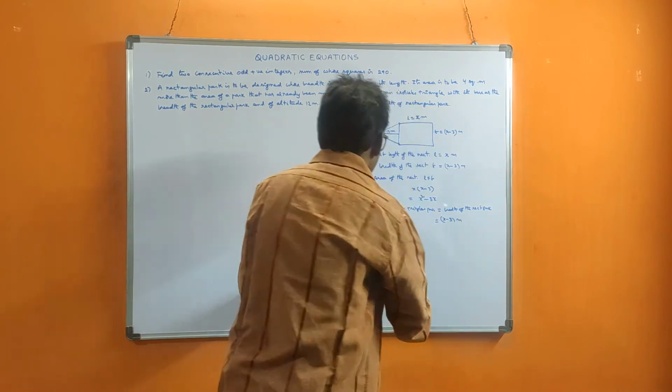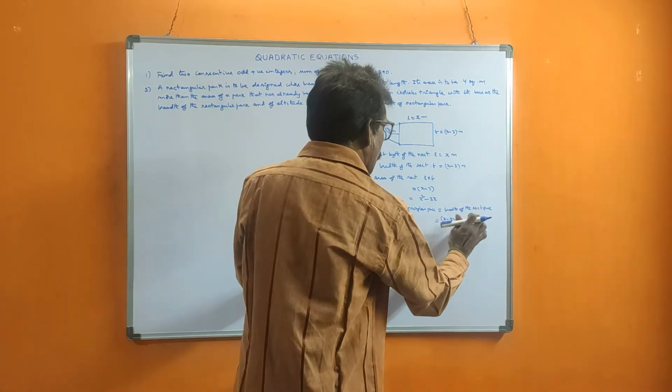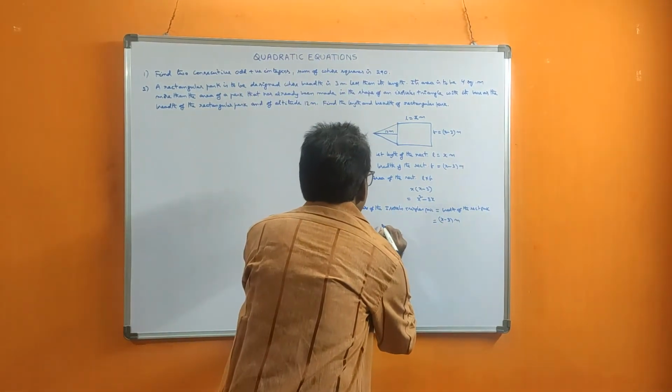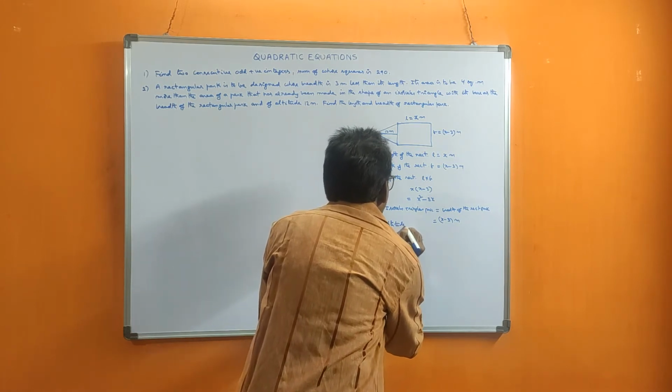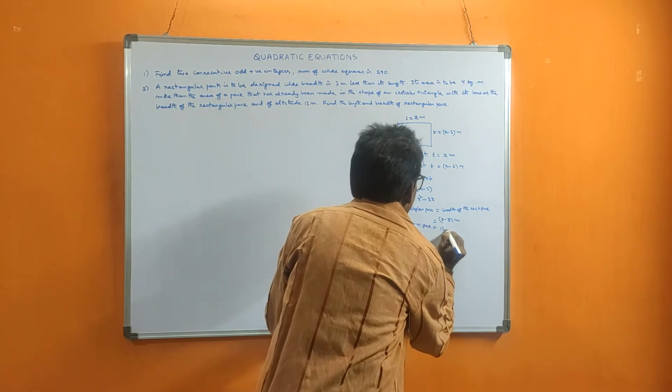So the base of the isosceles park is the breadth of the rectangular park, that is x minus 3 meters. That means the base is this one. Altitude is given: the altitude of the triangular park is 12 meters.